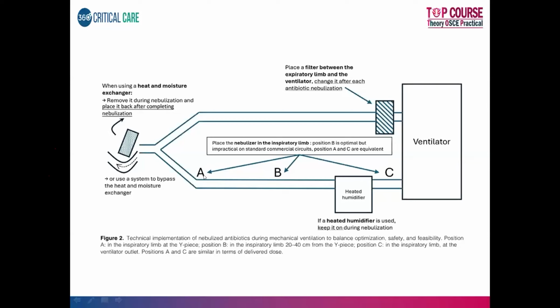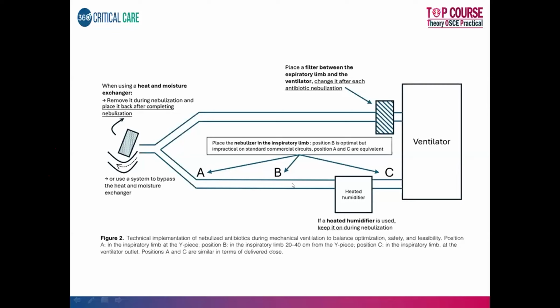Position A is in the inspiratory limb at the Y piece. So at the inspiratory limb near the Y piece is the first position. The second position, this is the ideal position, is 20 to 40 centimeters from the Y piece, in the inspiratory limb.